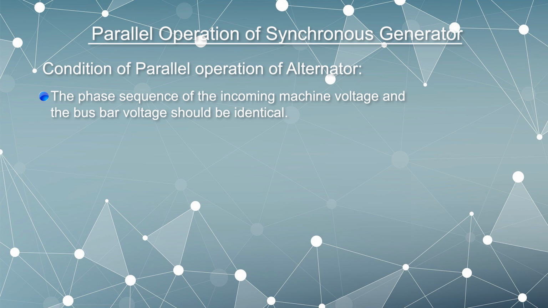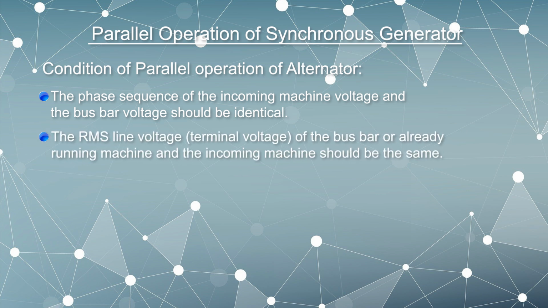The phase sequence of the incoming machine voltage and the bus bar voltage should be identical. So you are connecting the machine in parallel to the bus bar. Bus bar may be a combination of many other generators which are already connected in parallel. Second condition is the RMS line voltage of the bus bar or already running machine and the incoming machine should be same.